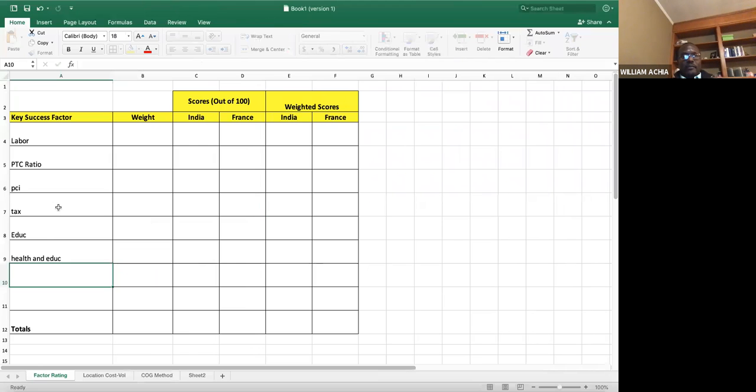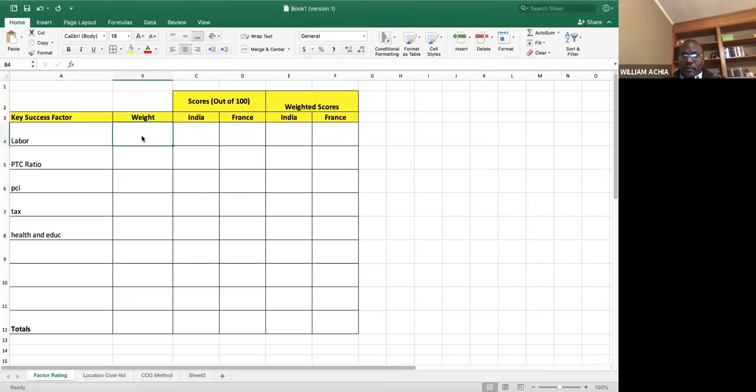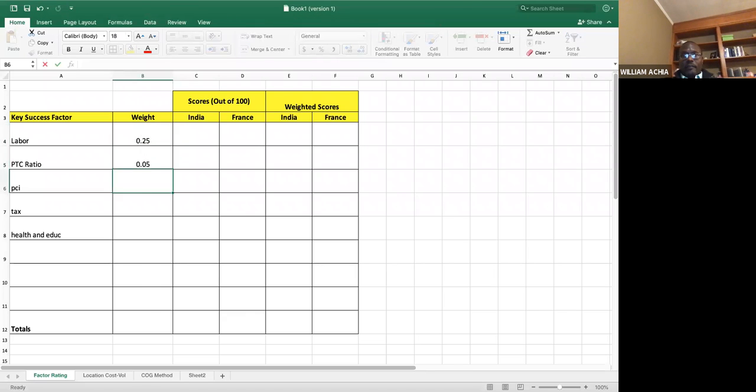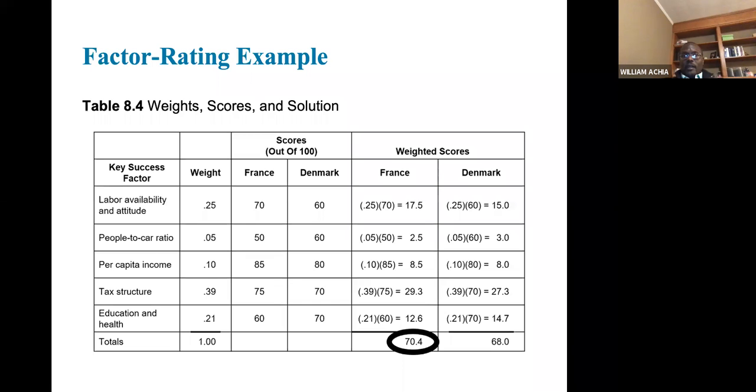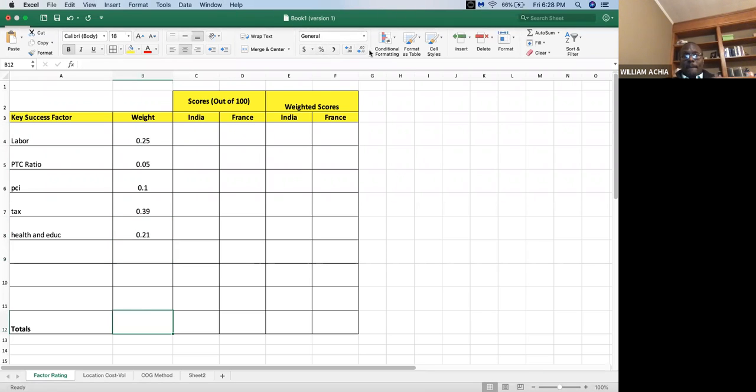Oh, that should be it. Okay, so that assigned a bunch of weights here, 0.25, 0.05, 0.05, 0.1, 0.39, and finally 0.21. Okay, your total must sum up to 1.